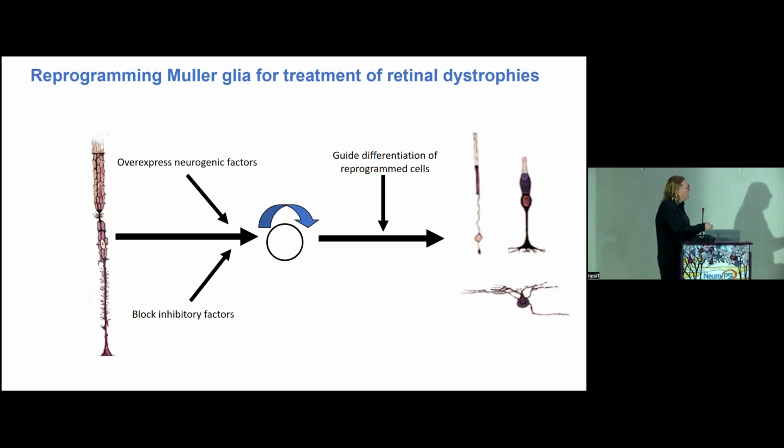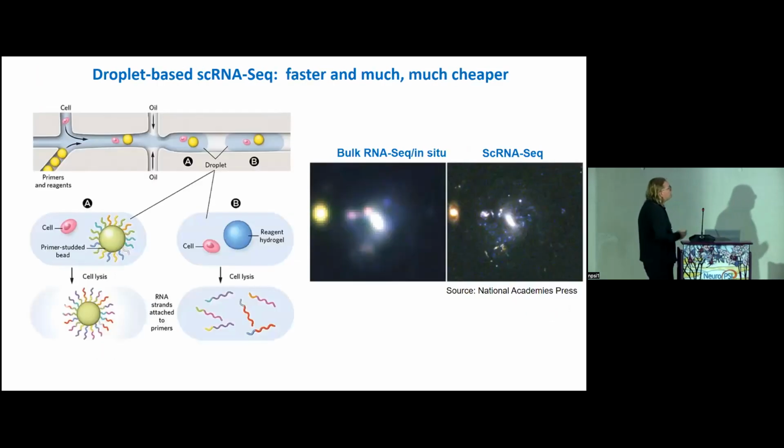Another method is to turn this on its head, to ask what is inhibiting the ability of mammalian glia to regenerate and block those inhibitory cues. This is going to be the major focus of my talk. And then finally, once you've made a glia into a neurogenic progenitor, you have to get it to make the cell types that you want. There, typically, the strategy has been to use transcription factors that drive the development of specific cell types and misexpress them. I'll have to say there's been much less progress on that. I'll touch briefly on it.